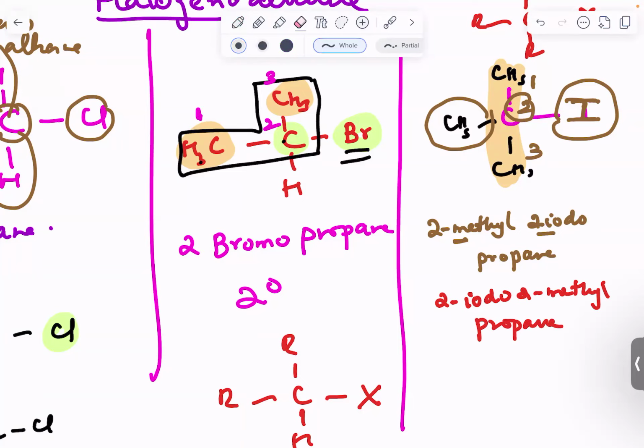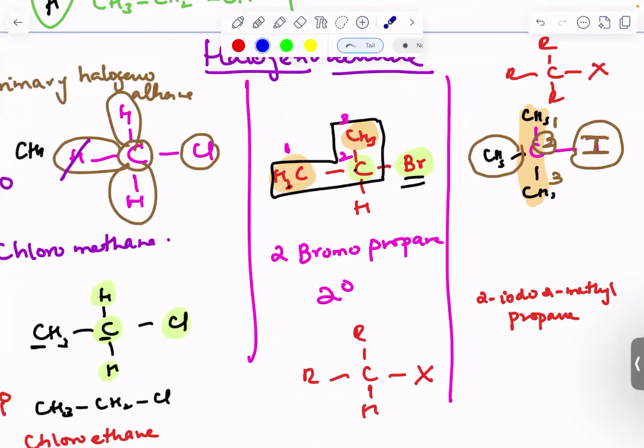Because I comes before M. Does it make sense? Yeah. So now the name would be 2-iodo-2-methylpropane. The first name was also correct, but alphabetically, it should have been written 2-iodo-2-methylpropane. So that's why I wrote it like this.